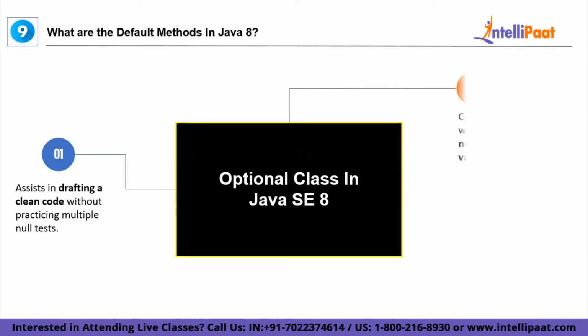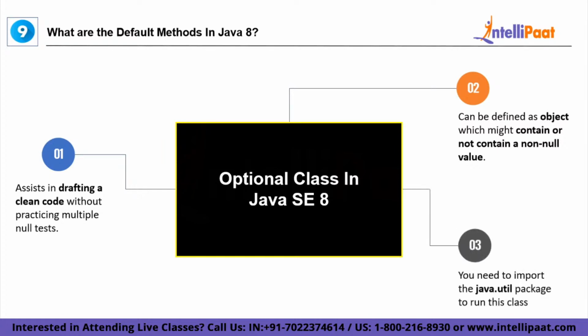Optional can also be defined as an object or container which might contain or not contain a non-null value. You need to import the java.util package to use this class. Every Java programmer is familiar with NullPointerException. It can crash your code and it is very hard to avoid it without using too many null checks. So to overcome this, Java 8 has introduced an Optional class in the java.util package.